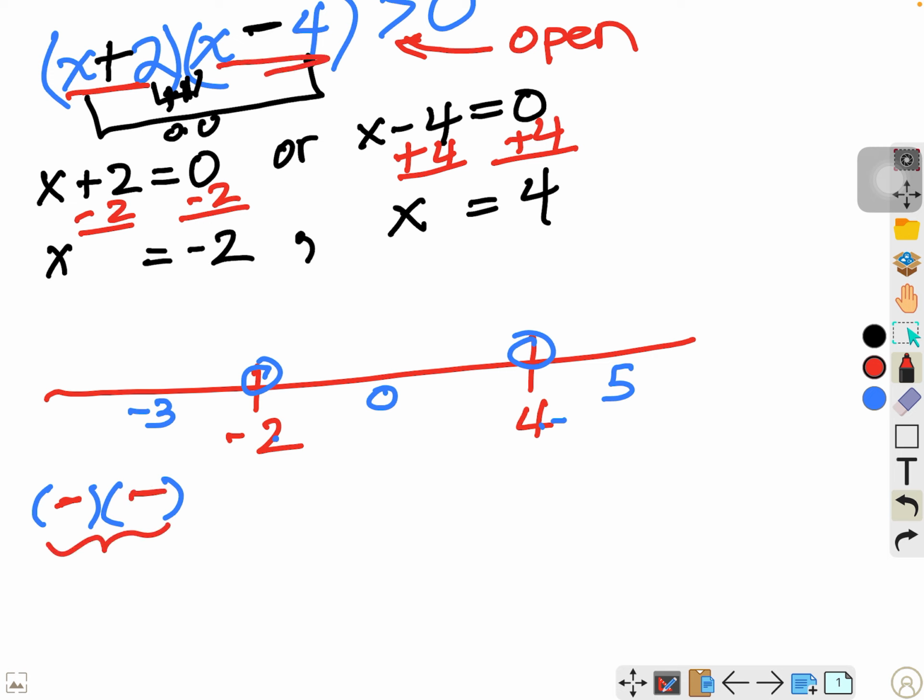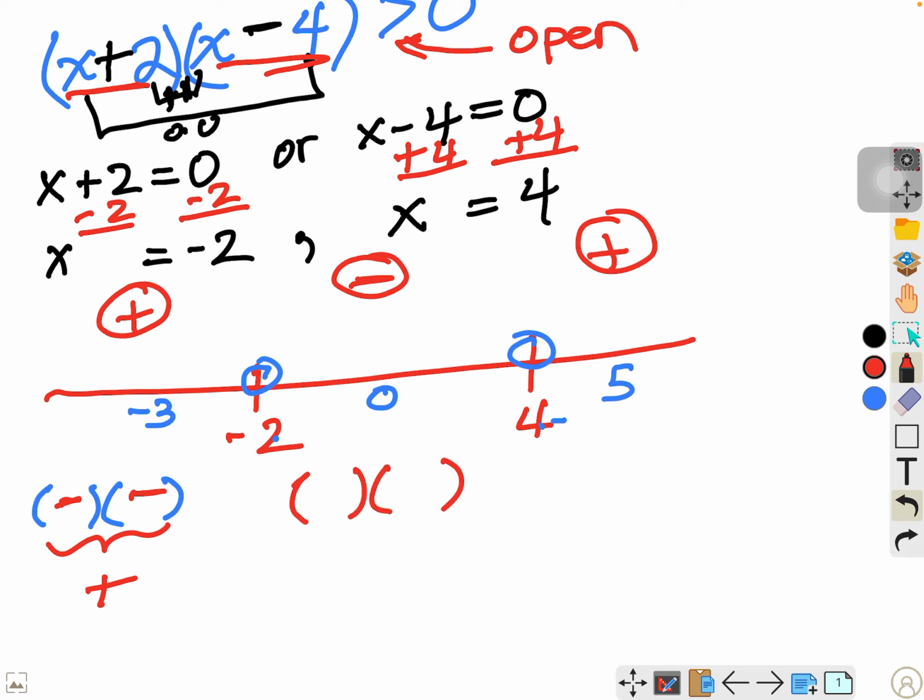A negative times a negative is positive. This left region is positive. And I suspect the signs will alternate, but let's check. Plugging in 0 in the 2 factors, 0 plus 2 is 2. 0 take away 4 is negative 4. So I get a negative outcome in the middle.